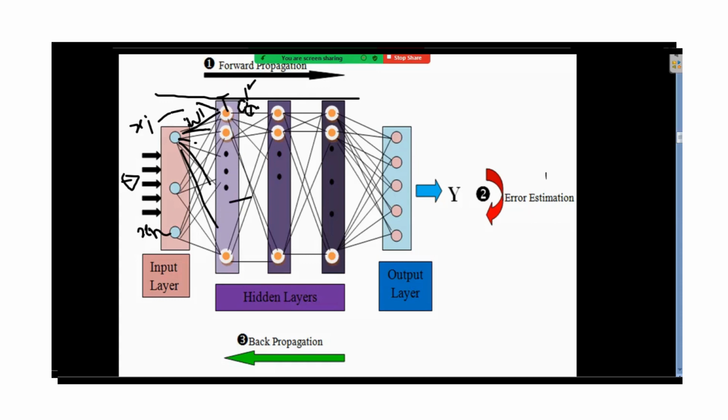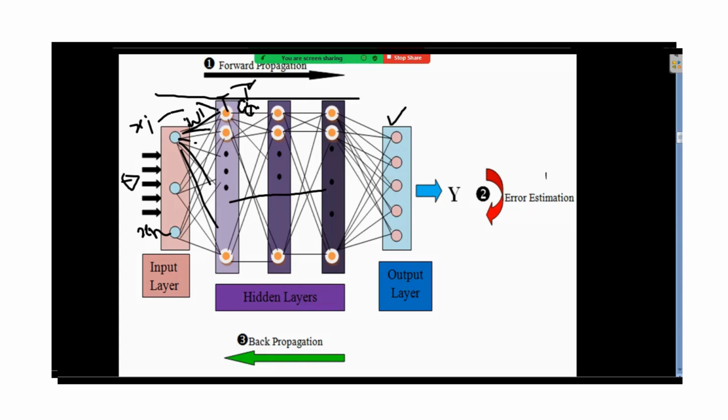So what are these layers? These are hidden layers. In each hidden layer, more and more information will be extracted. So your feature extraction task is done by these hidden layers. And finally, you will have the output layer. Now, how are we proceeding?